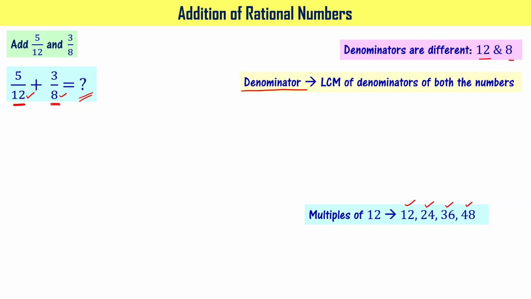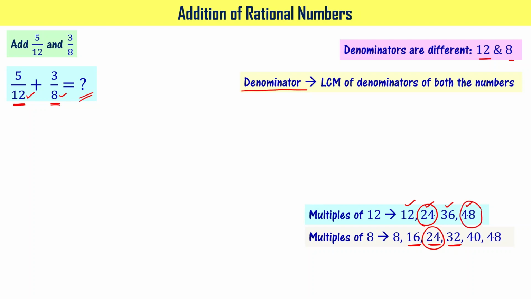Similarly, I can write multiples of 8. Those are 8, 8 times 1, 16, 8 times 2, 24, 8 times 3, 8 times 4 is 32, and so on, right? Now let's see what are the common multiples. 24 in both the cases, it is there. That's why it is a common multiple.